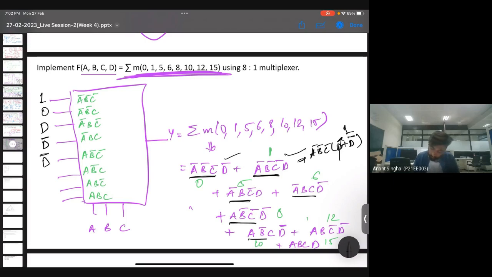Then a, b bar, c. We need to supply d bar here. Then a, b, c bar. We need to supply d bar here. And for the last, we need to supply d. I hope it is clear. So this will give us the output of this as. Is it clear to everyone?